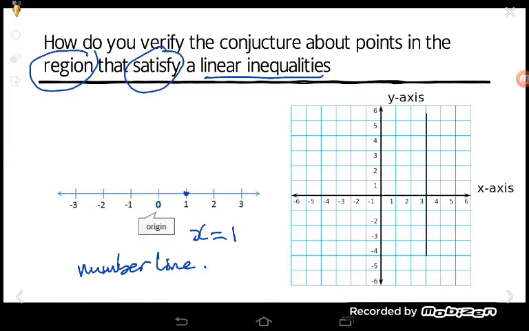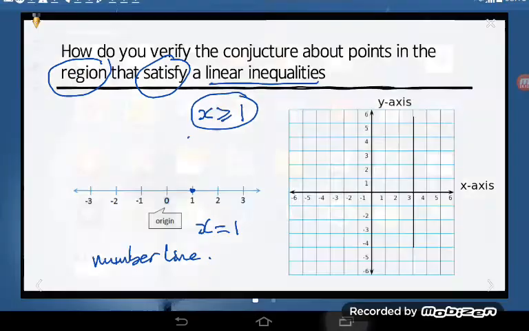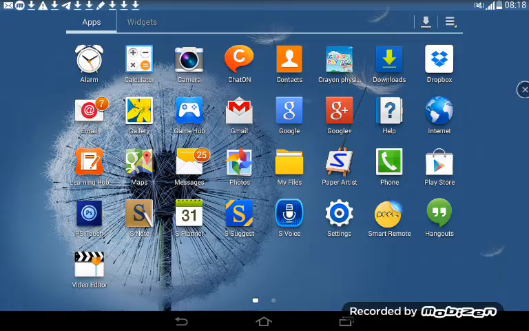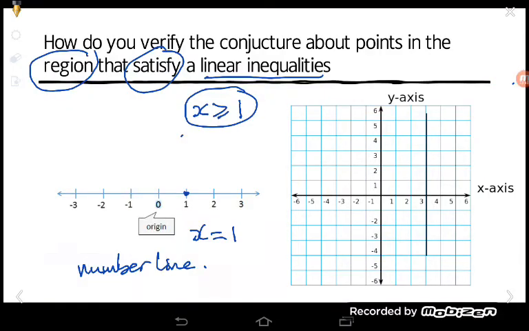So if you have a linear inequality, let's say x more or the same as 1, there is a region for this. You can draw the region. I think you still remember last time we learned this in your lower form.